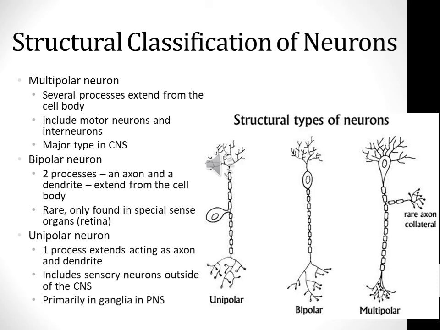Then you have your unipolar neuron, and these are your fastest, but they're a single short process that forms like the shape of a T. They're primarily in the ganglia, in the peripheral nervous system, and you can see in this T formation, you have a distal sensory end, and at the other end is where it enters the central nervous system, and it includes things like dorsal root ganglion and all sorts of really interesting things.